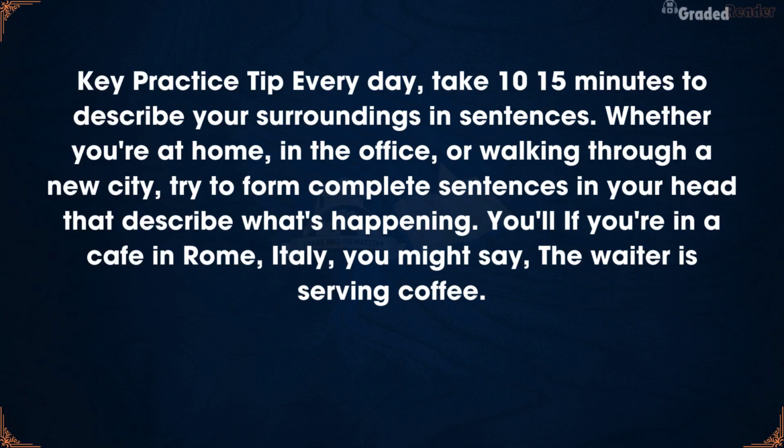Key practice tip: every day, take 10 to 15 minutes to describe your surroundings in sentences. Whether you're at home, in the office, or walking through a new city, try to form complete sentences in your head that describe what's happening.